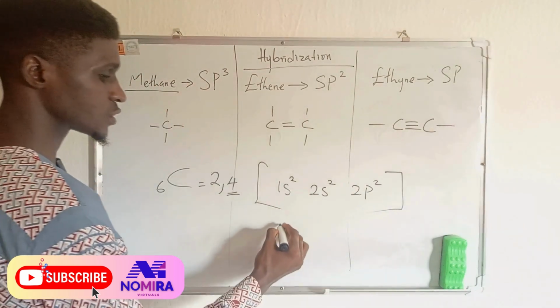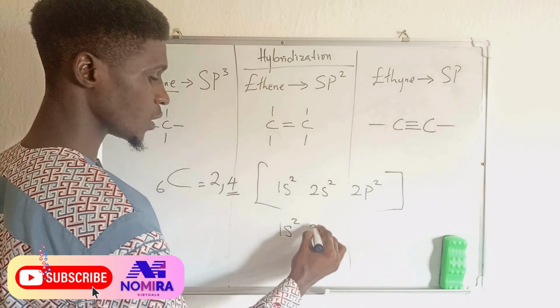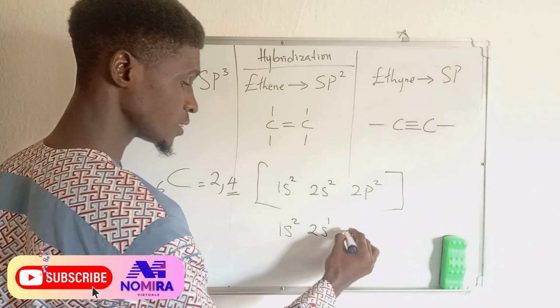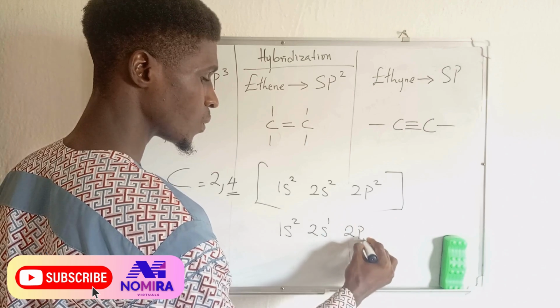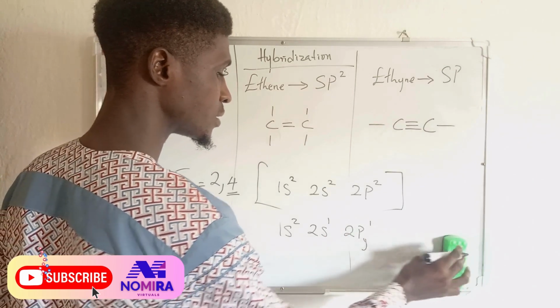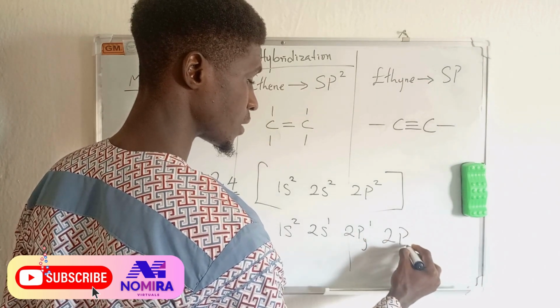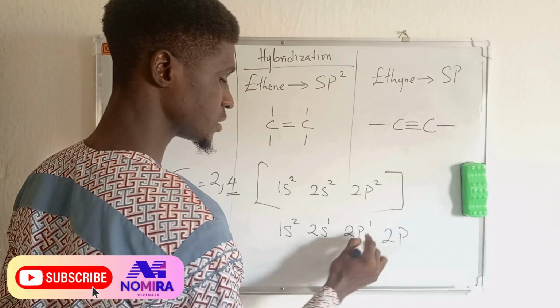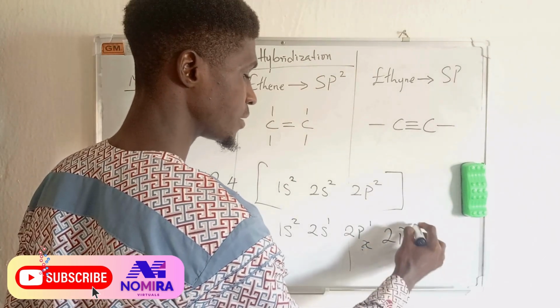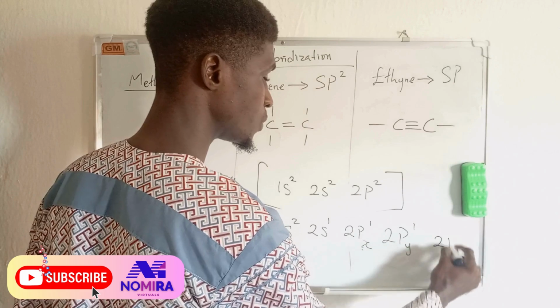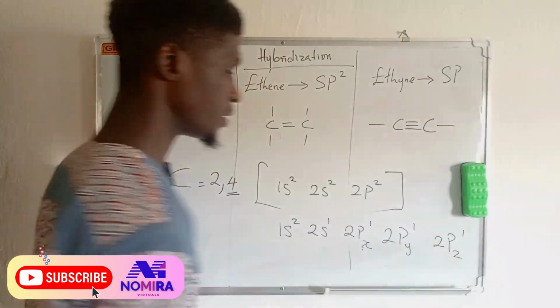That will give us something like this: 1s2, we have 2s1, then we have 2p, y will be 1, then we have 2p, this is x, y, another 1, then 2p, z will be 1.